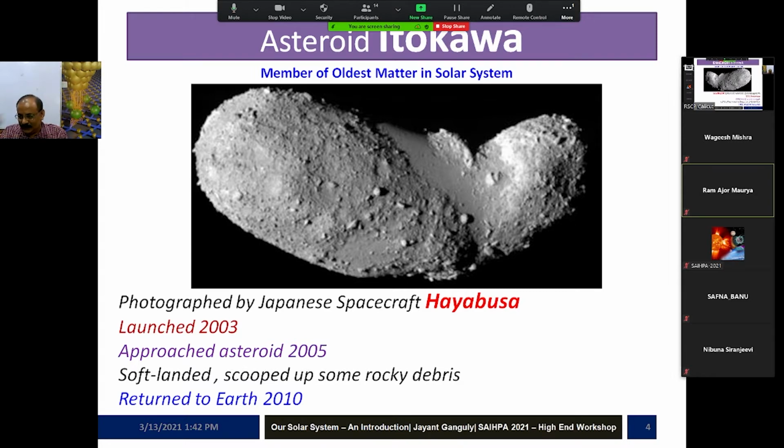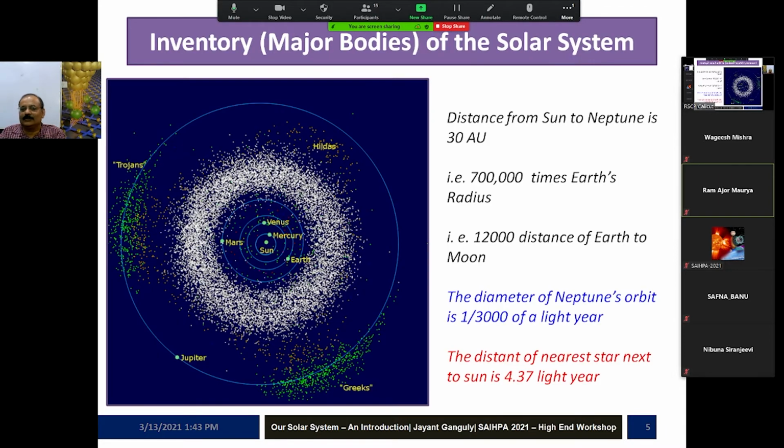It approached the asteroid in 2005, soft landed, scooped material from inside, and returned the material to the Earth by 2010. Today we are capable of doing all these things and getting material from an asteroid, which goes out and comes to the inner solar system and goes out again, and most of them are less tampered by the heat and other things. So we get a lot of insight into how the whole thing evolved. That is the reason we choose this particular thing.